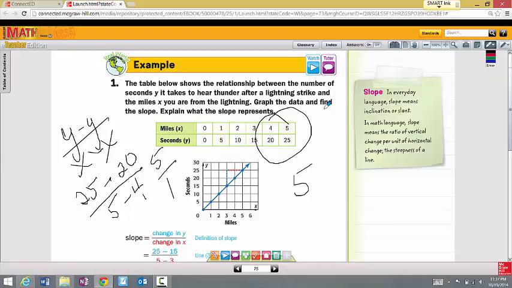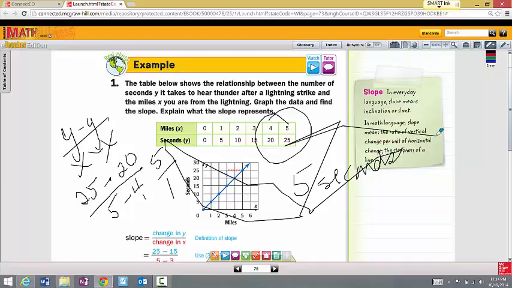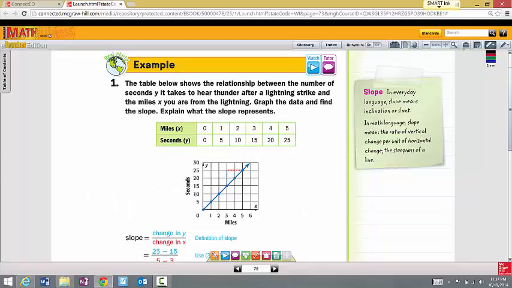Now you have to tell me what that slope represents. Make sure you have that written down. If you don't, pause it and write it down.